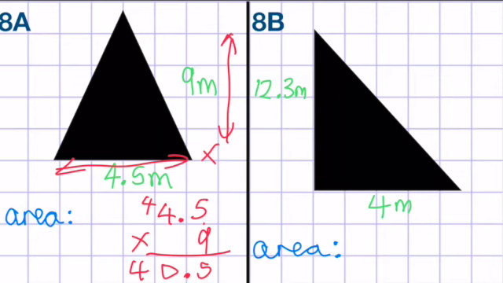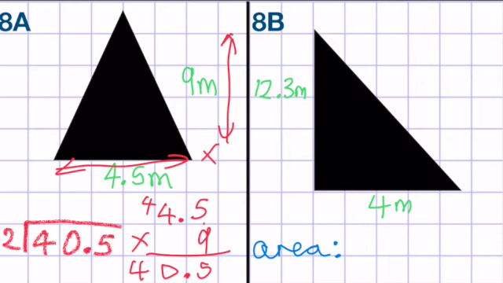I'm going to just cross out the word area. Give me some space. So we're going to say 2 goes into 4 2 times. 2 goes into 0 0 times.